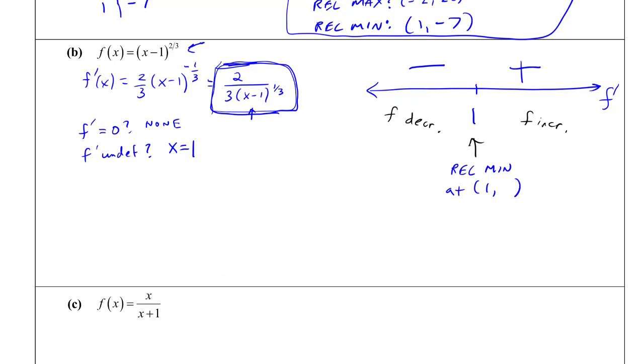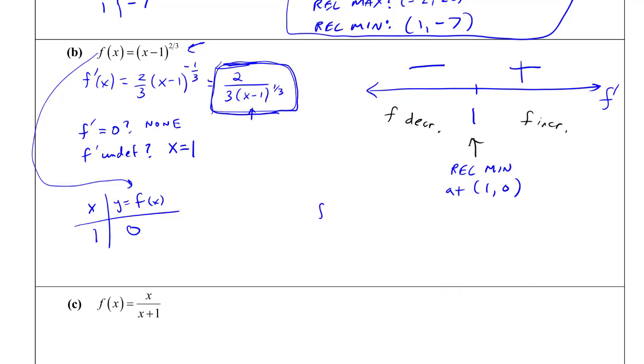And again, if I take my original function and plug in 1, I would just get 0. So that relative min is at (1, 0). And so I have everything I need.